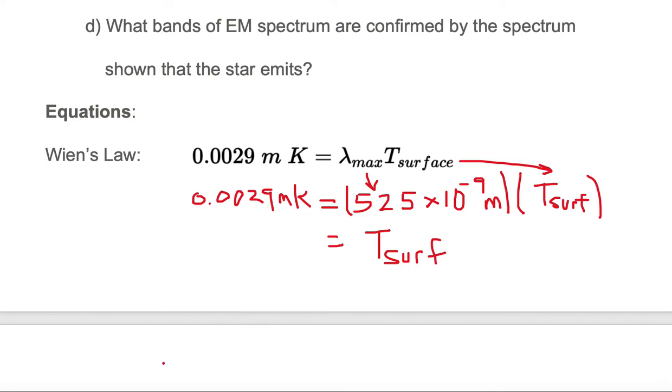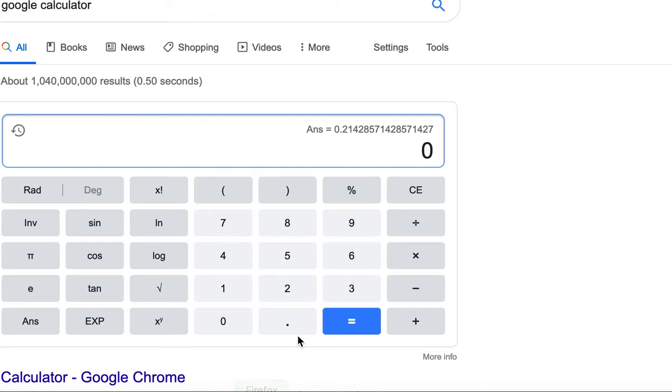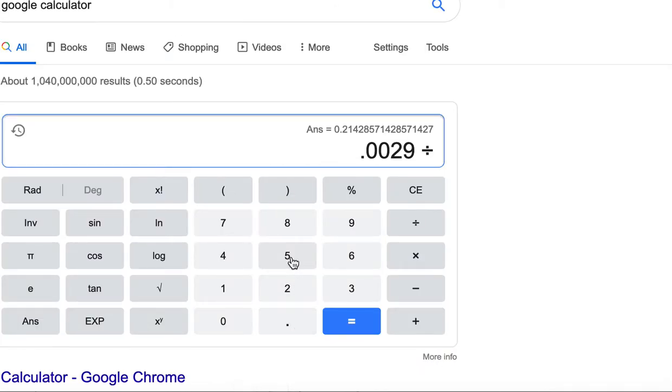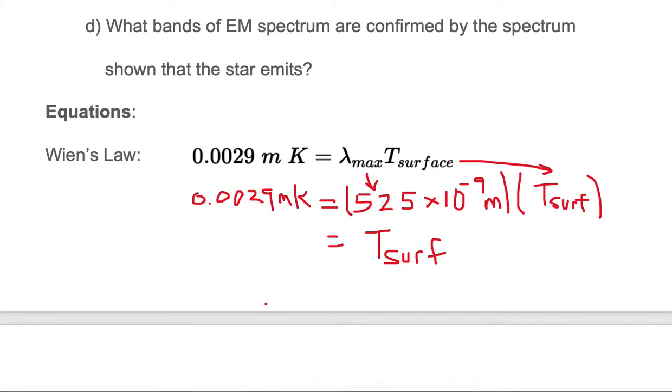So let's go to our Google calculator. We put in 0.0029 and divide that by 525 times 10 to the minus 9th: 525 EE minus 9, hit the equal sign, and we're given 5523, and then we see an 80 or an 81 over here, which is higher than 50, so it would be 5524 after we round it up.